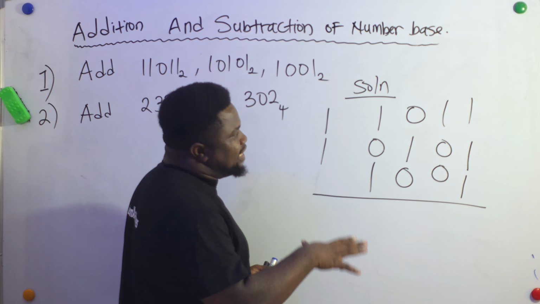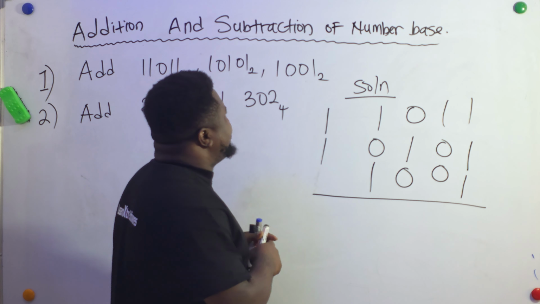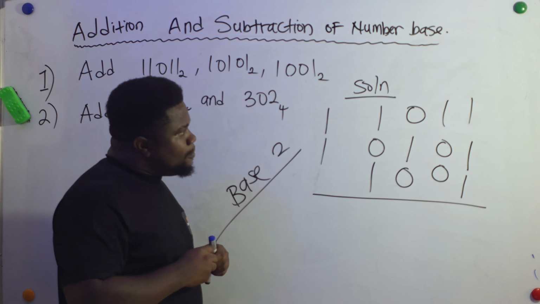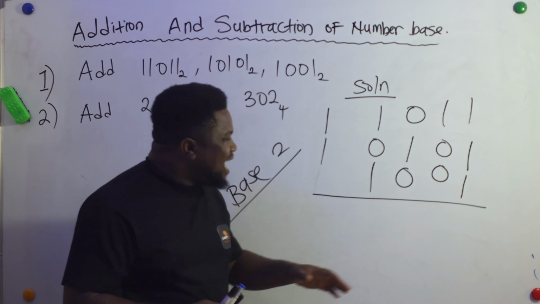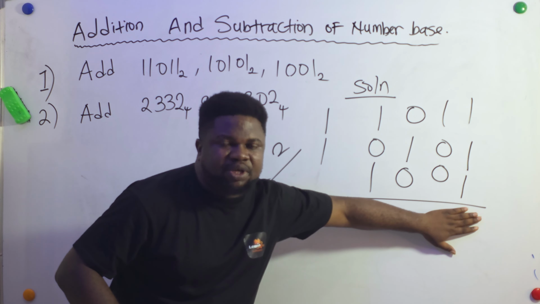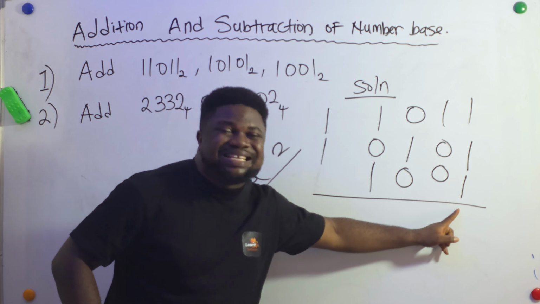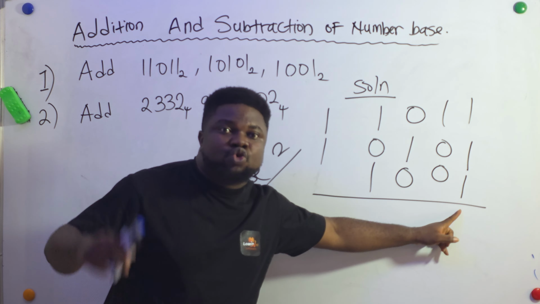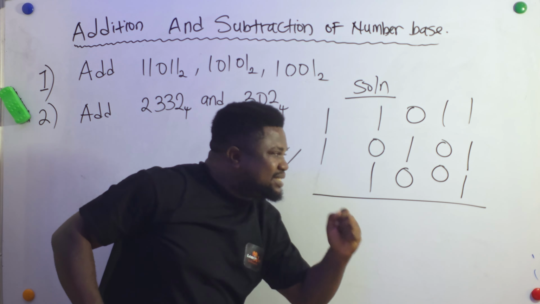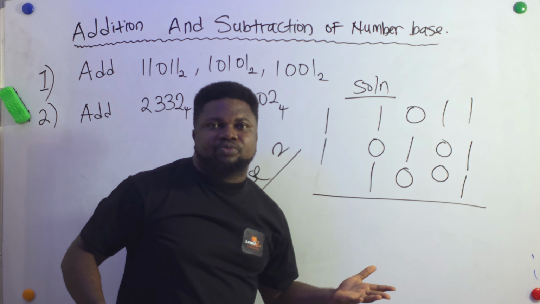So the idea here is, once you know the base you're working with, in this case base 2, we cannot have an answer here that is 2. In base 2, 2 is never an answer. 2 and above, 2, 3, 4, 5 and above is never an answer in base 2.